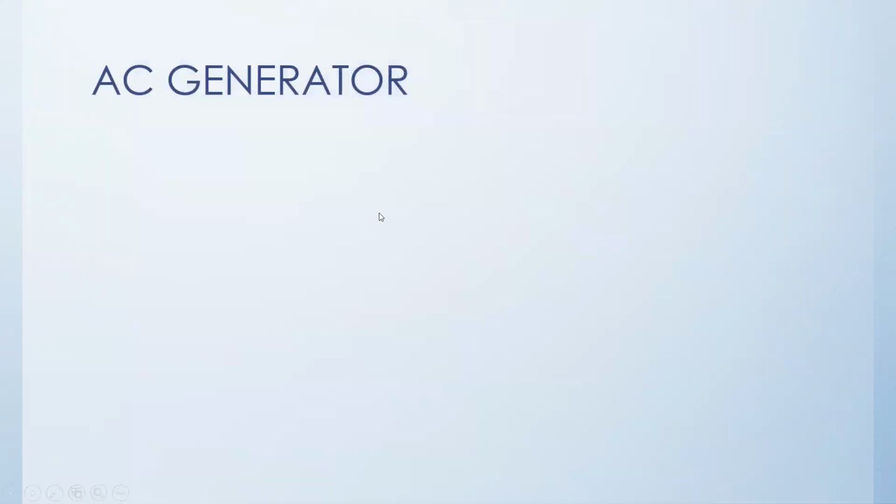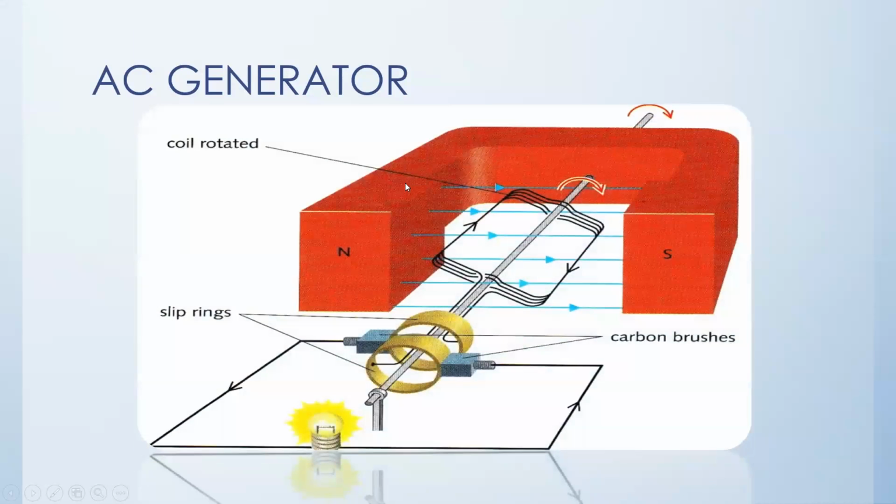An AC generator is used to produce electricity by using the concept that a change in a magnetic field produces current. So what does the AC generator consist of? It consists of a rectangular wire which is supported on an axle between the magnetic poles, with slip rings.